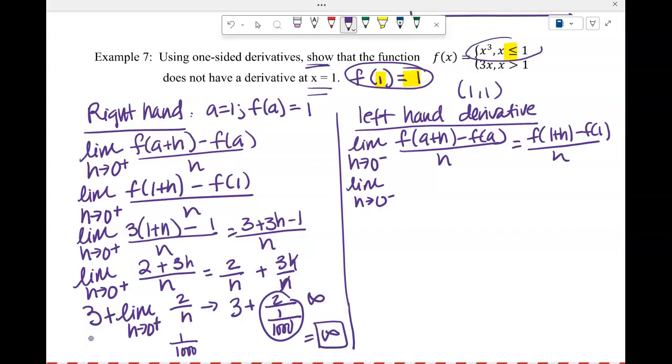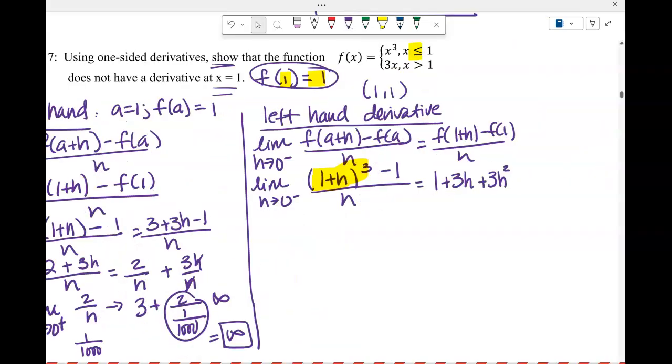So this allows us to distribute. Now if we write this out 3 times and FOIL, it is going to come out to be 1 plus 3h plus 3h squared plus h to the third. Now I have to drop this minus 1 back, all over h.